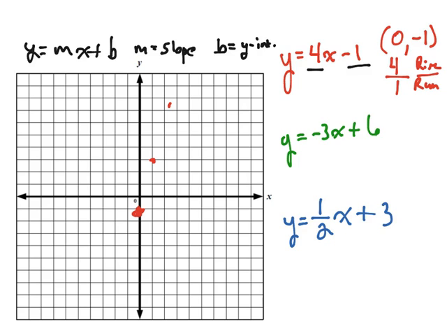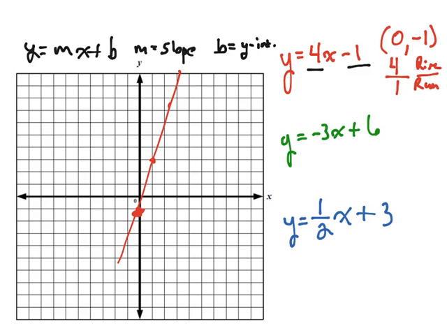Okay, let's go ahead and try to draw it, and it comes right through there. So that's my line for y equals 4x minus 1. And it crosses the y-axis at 0, -1. I know it's slightly off, but that's okay. It's just freehand for the most part with a slight ruler.